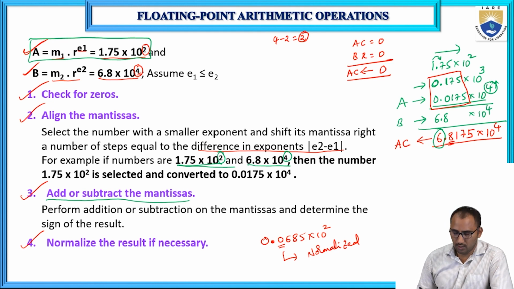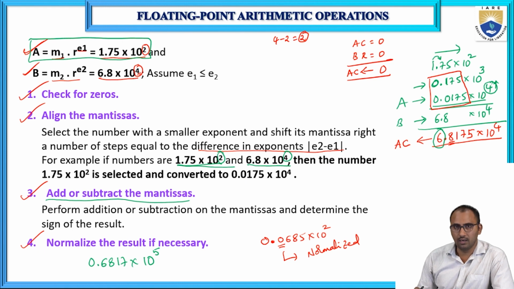Shift right. If you perform the shift right operation by one position, it will become 0.6817 into 10 to the power of 5. Because when you perform one shift right operation, the exponent value will be incremented by 1. And similarly, if you perform a shift left operation, the exponent value will be decremented by 1.